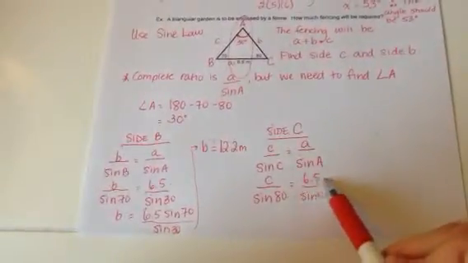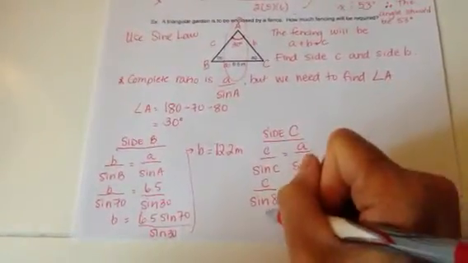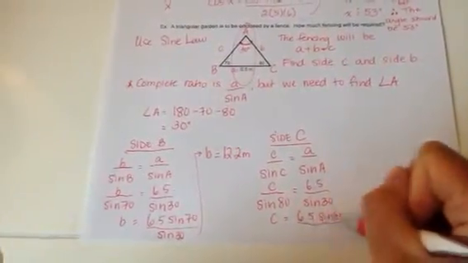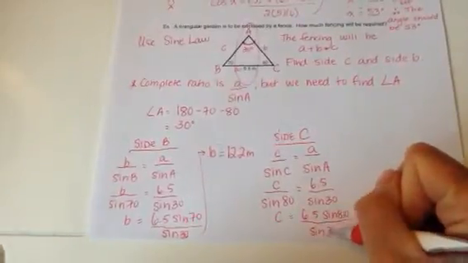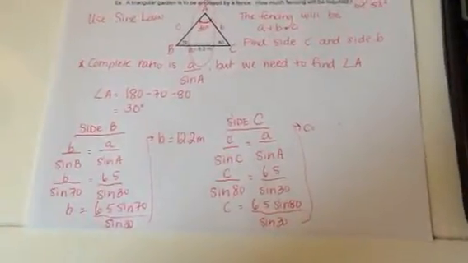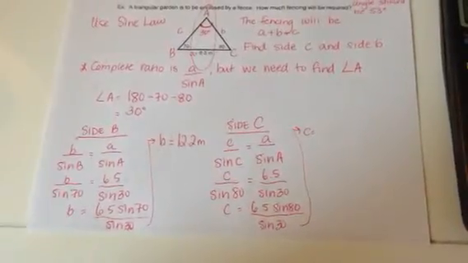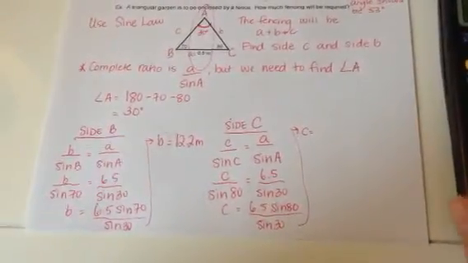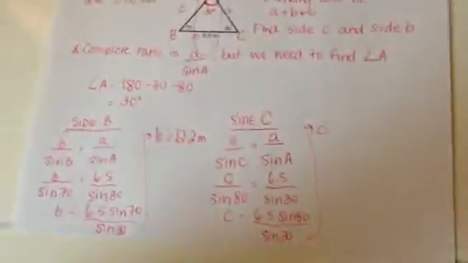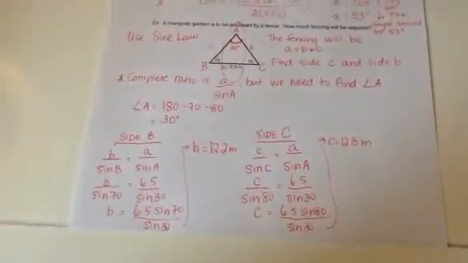Bring the sine 80 up to the other side. It's being divided on this side, so to bring it over, we multiply. So 6.5 sine 80 over sine 30. This is calculator work. 6.5 times sine 80 divided by sine 30 is 12.8 meters.